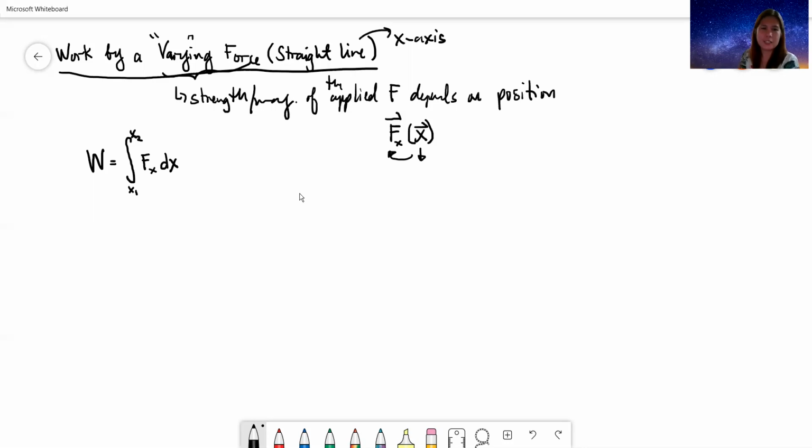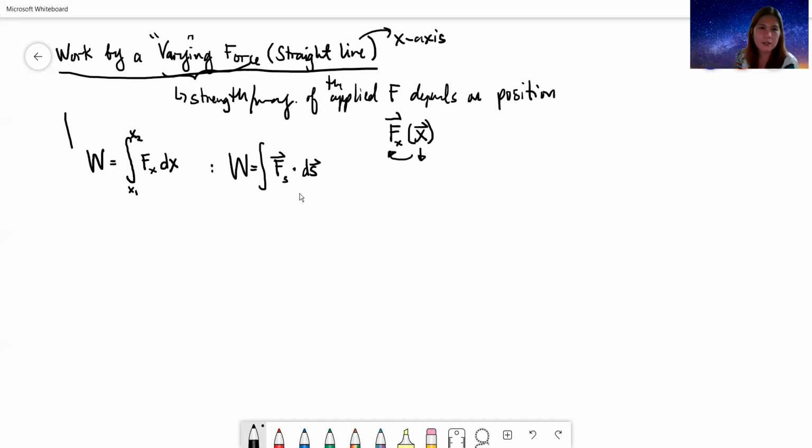Okay? So this is it. Other authors would write it in a more generic term. So you can also say here that this is Fs, and then you can also write F dot ds, from s1 to s2 or x1 to x2.